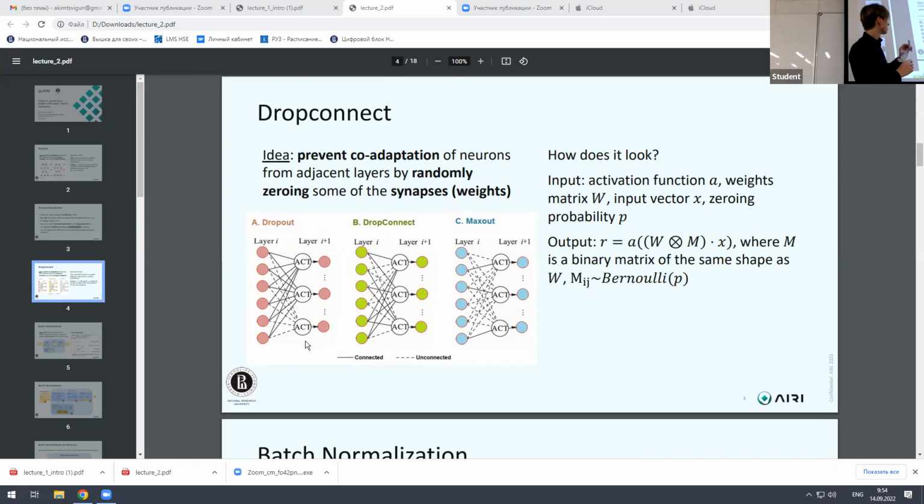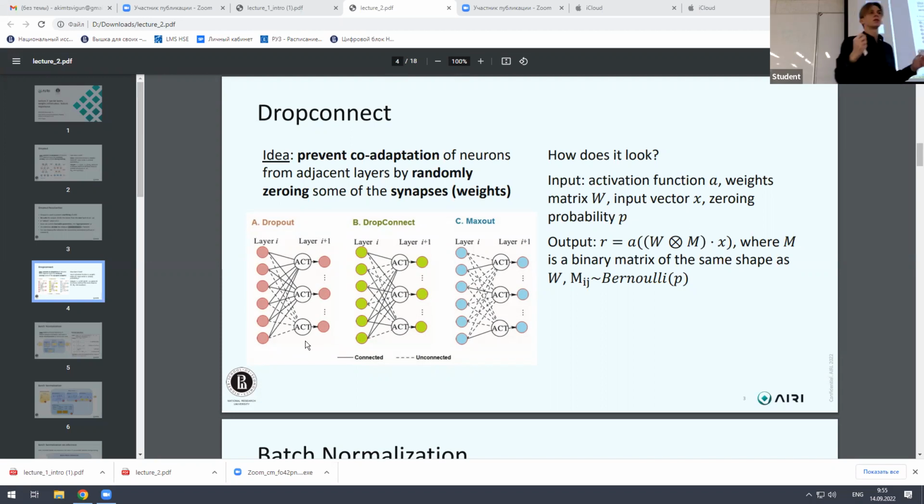We can see this layer i, this is the next layer, right? In dropout, we zero one of these values, it's this one, so it is not connected with any of the previous neurons. You see these arrows, they are unconnected here. These two are okay.